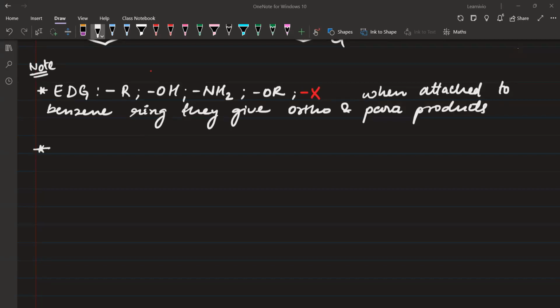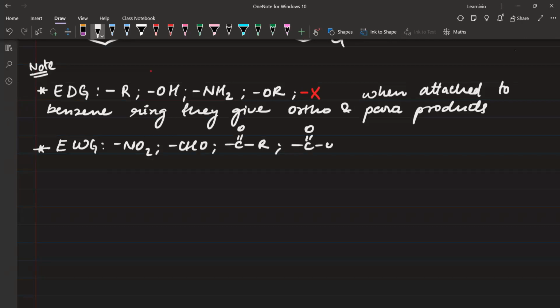Next thing is electron withdrawing groups, such as CHO, that is C double bond O with H, and R-C double bond O. Sir, your voice is breaking a lot. Yes. Rishita, how is it now?